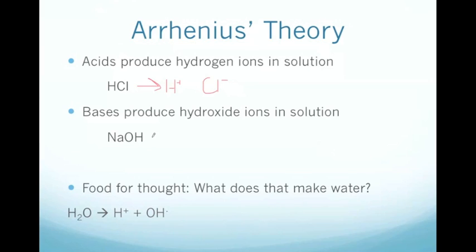Okay, and then the bases, they always form OH minus. And remember, that's a polyatomic ion. Okay, OH minus is a polyatomic ion, so it kind of hangs out like a gang. All right, it's also called hydroxide, which hopefully we remember. All right, let me get that minus in there. Perfect. Okay, so NaOH forms Na plus and OH minus.